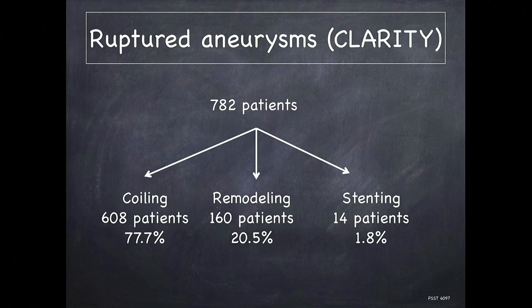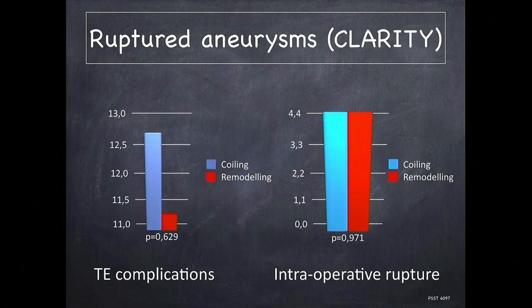And you see that 77% of the cases were treated with coiling alone, 20% were using the remodeling technique. And again, they were comparing the complications, and you see that there was a higher risk of thromboembolic complication when using coiling compared to remodeling, but no difference in intraoperative rupture for both techniques.